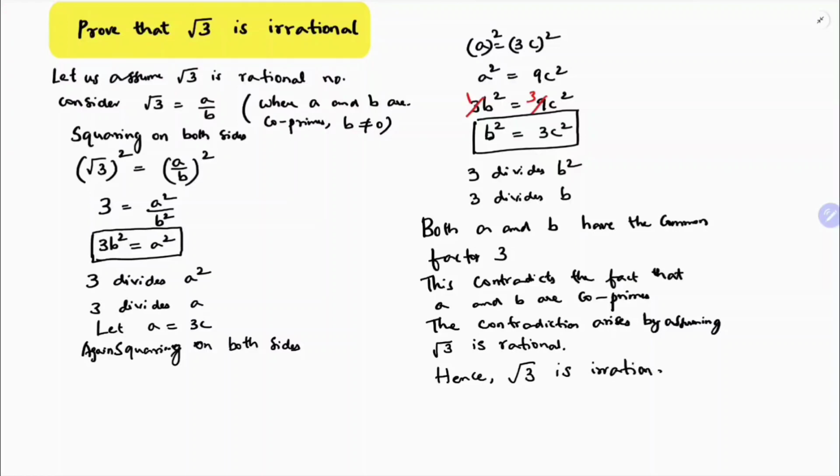Hence root 3 is irrational. In this way we need to simplify.